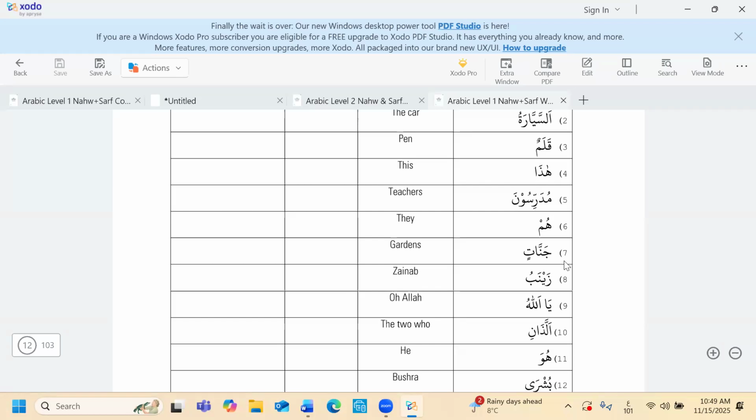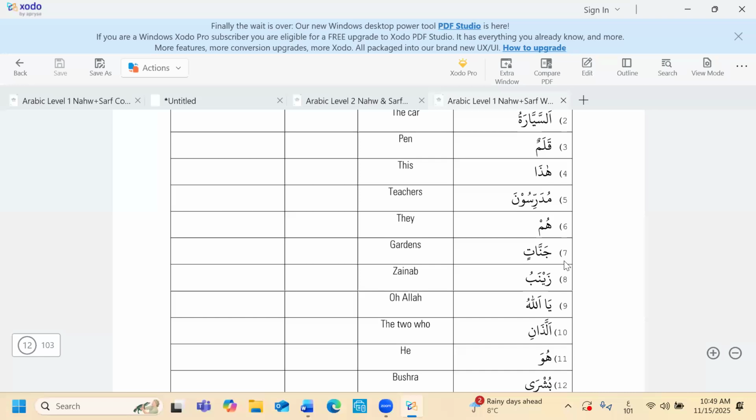Indefinite. And the reason is? Because we assume it's indefinite unless it fits one of the 7 categories. Exactly. There's no reason for it to be definite. Good, ahsant.